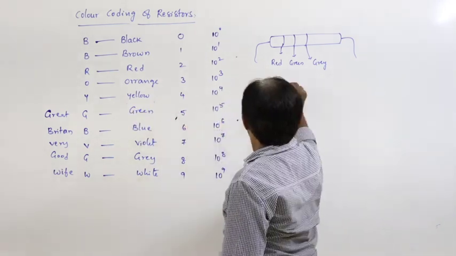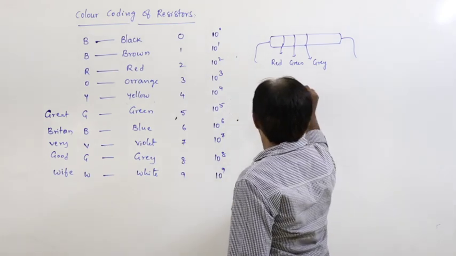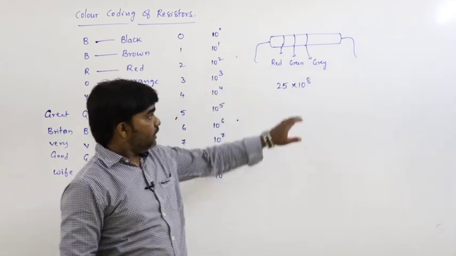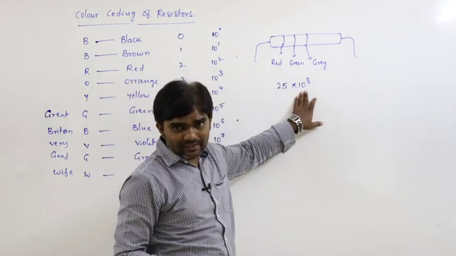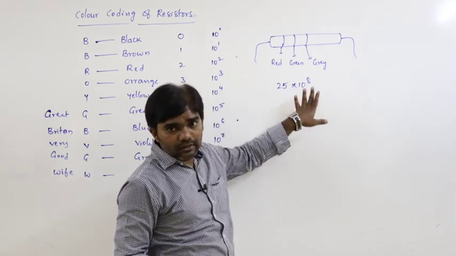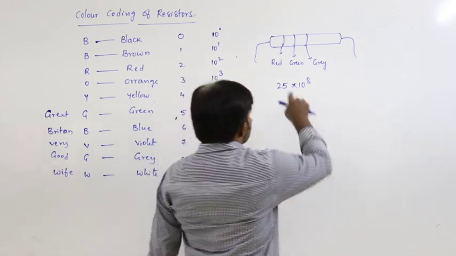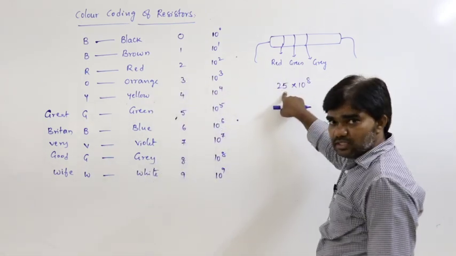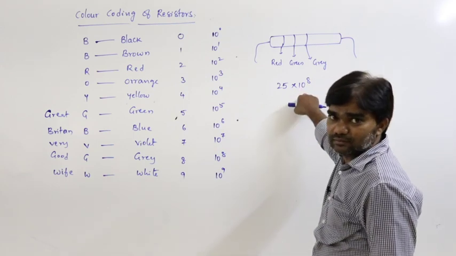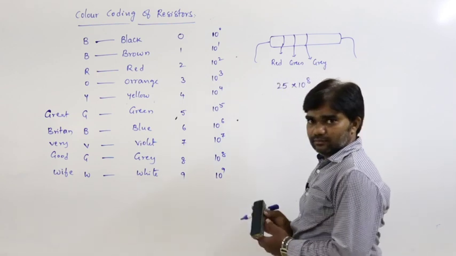Green is 5. Grey is the multiplication factor, 10 to the power of 8. So, 25 into 10 to the power of 8. This is the way to calculate the resistance based on this color coding.